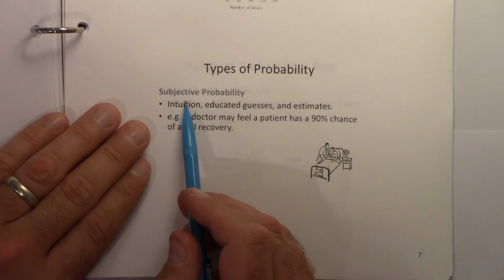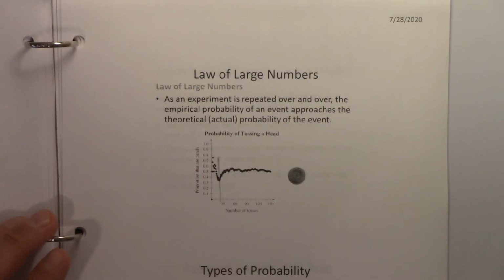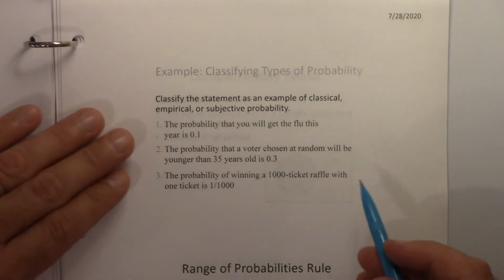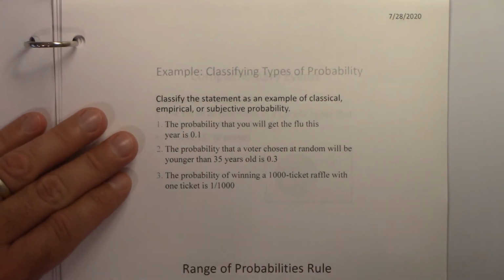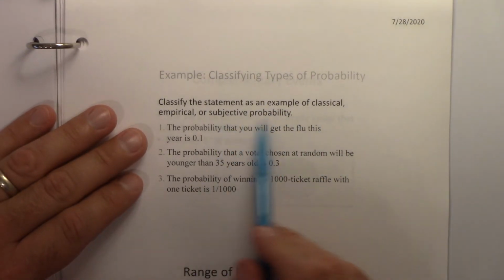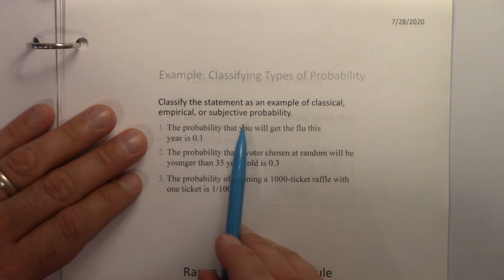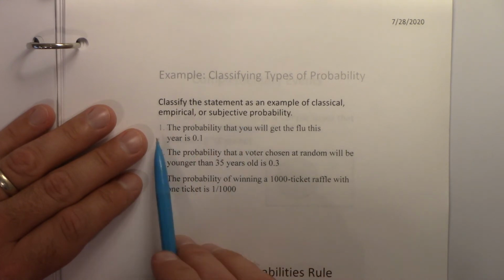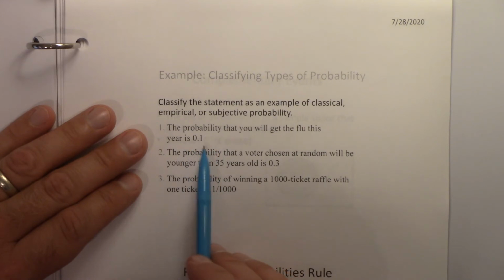That's subjective probability. In fact, if you turn the page over, we'll take a look at some scenarios. And they're just asking us here to classify each of these statements as an example of classical, empirical, or subjective probability.